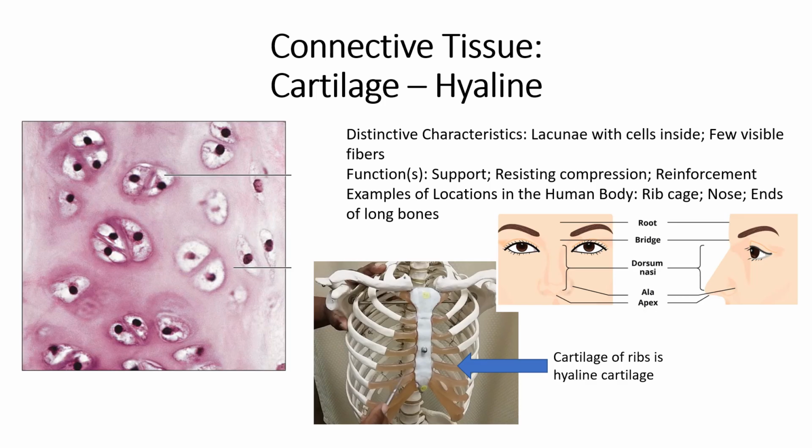These are easy to be confused with cells, right? It's easy to look at this and say, oh, well, those are cells with the nuclei inside, right? Because that's what we saw with epithelial tissue. We saw the dark spot inside of either a square shaped or rectangular shaped or flattened structure being the nucleus.